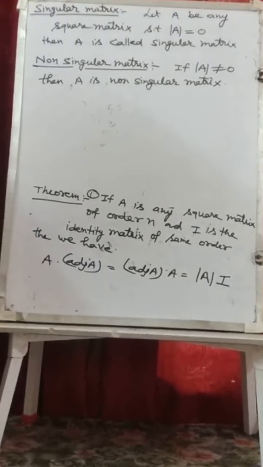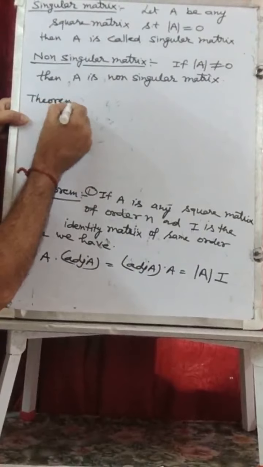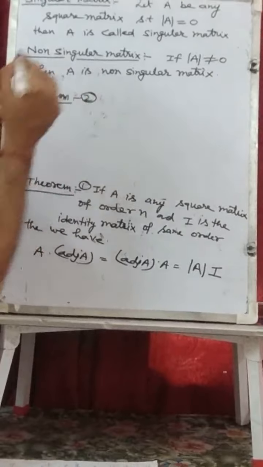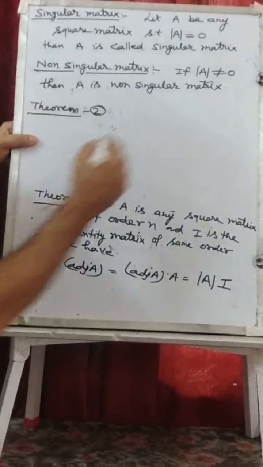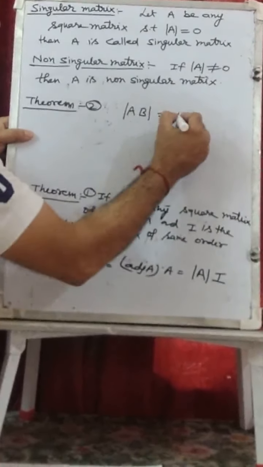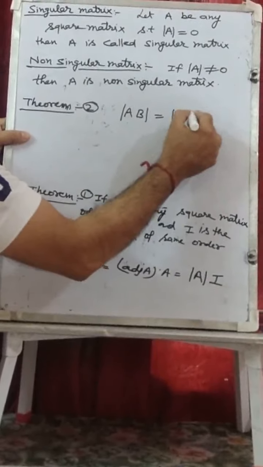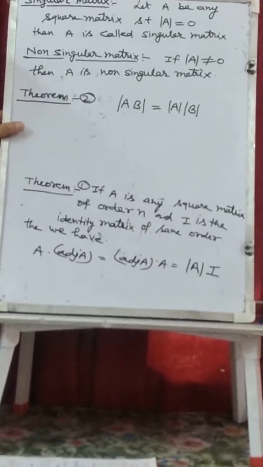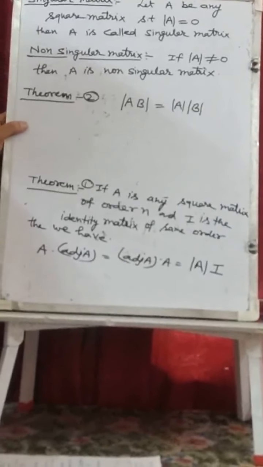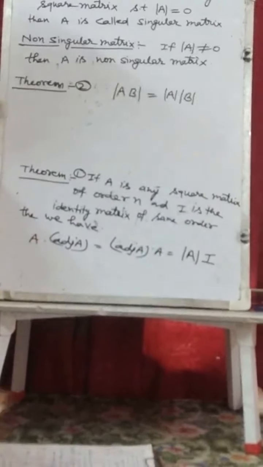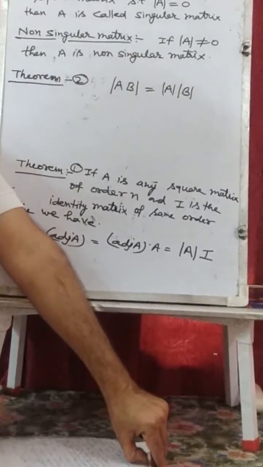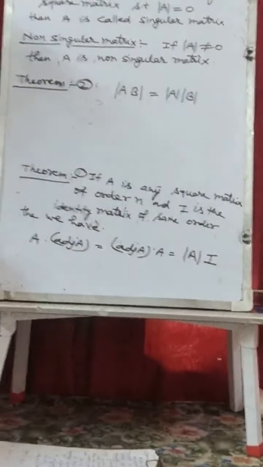So the theorem 2, it says determinant of AB is equal to determinant of A into determinant of B. The determinant of product of two matrices A and B of same order is equal to the product of their determinants. This is the result.